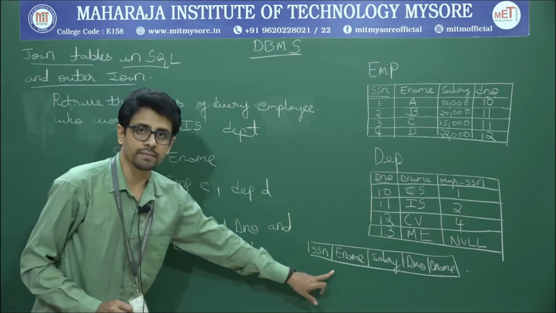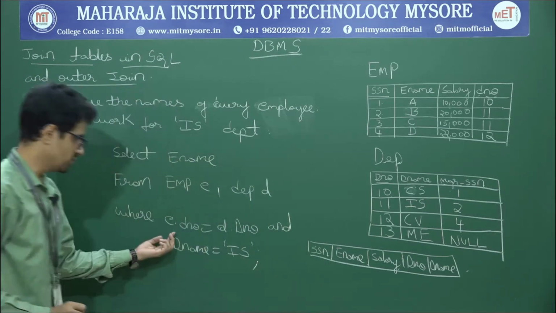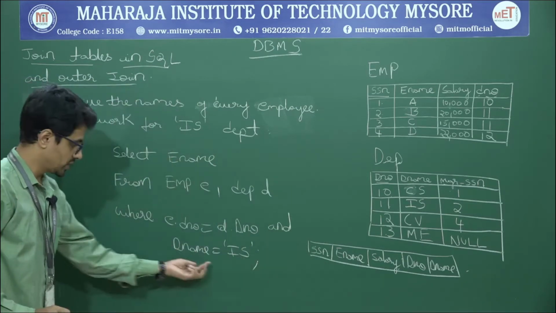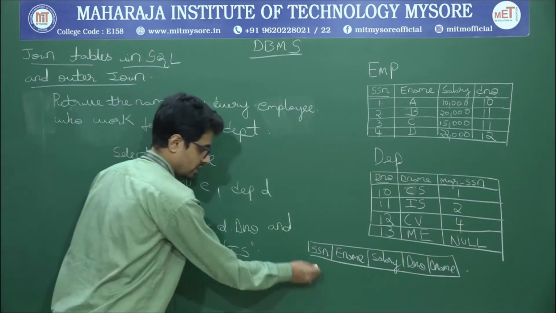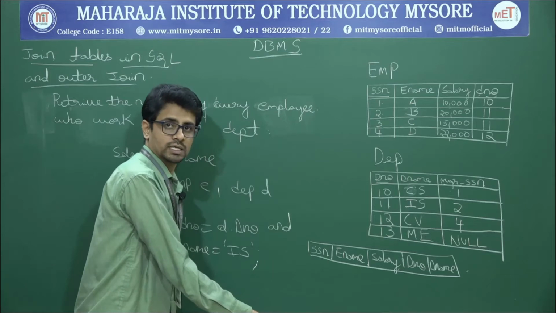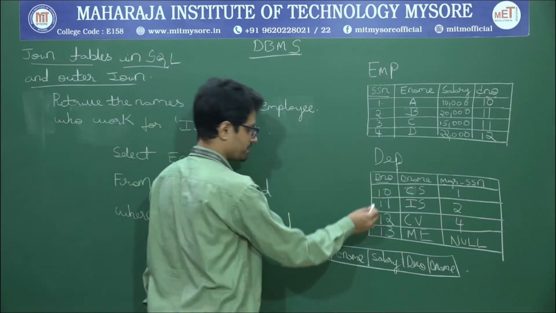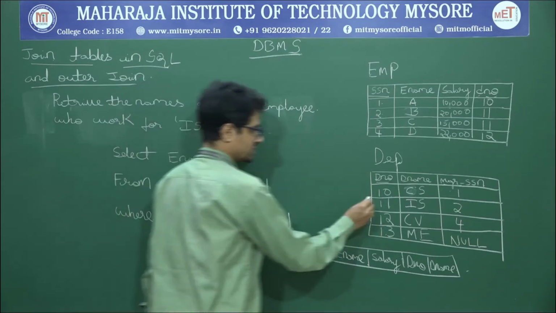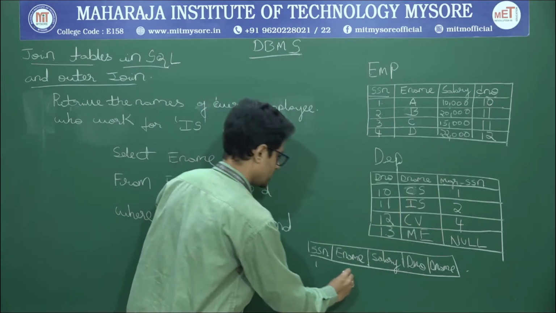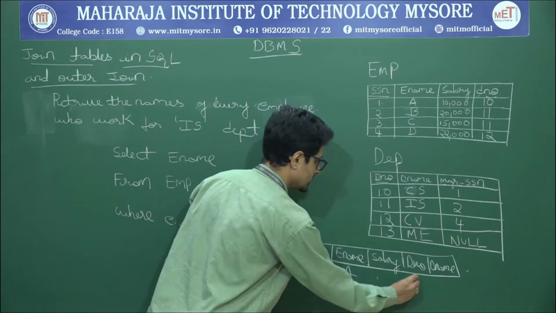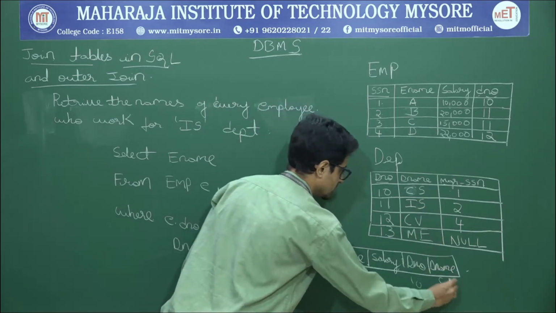To this output join table, we are going to put the condition department name equal to IS. When I do a match, first I look for 10, it is here, yes, so replace it with the department name CS.